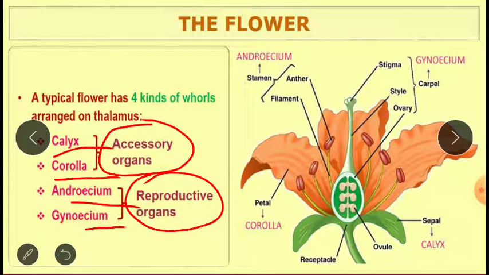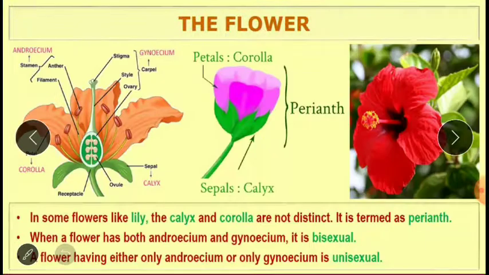Why they are called accessory organs and why these are called reproductive organs, we will study in detail when we are studying the parts of the flower. But before that, let us finish the types of flowers.